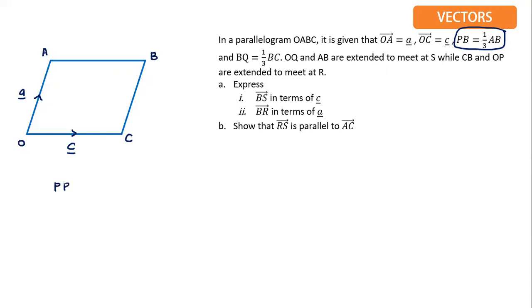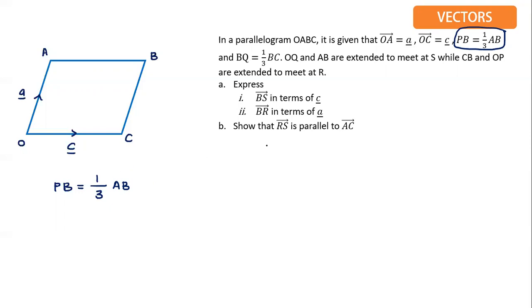I'm going to take the ratio here: PB equals 1 over 3 AB. Okay, done. Class, if you want to see the ratio in a very proper way, you have to separate the alphabets and the numbers to two sides.